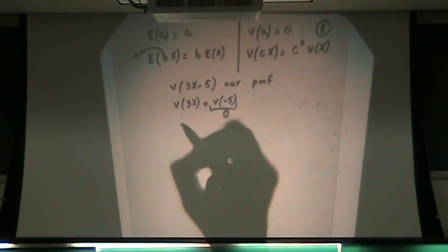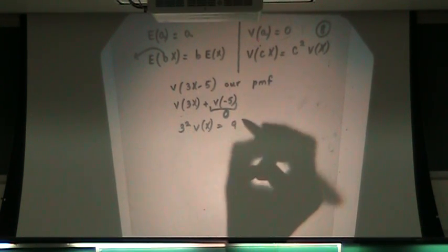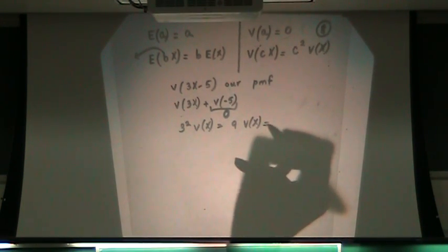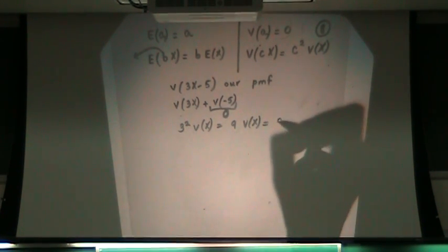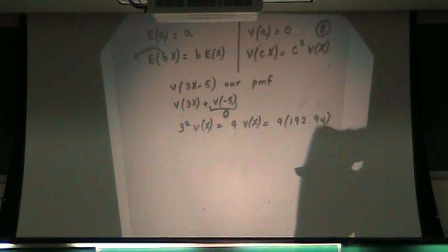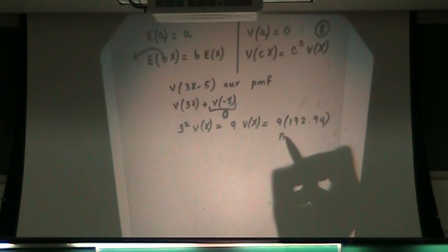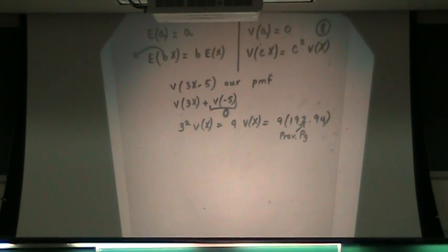So variance of 3x is 3 squared variance of x, which is 9 variance of x. And what was the variance of x that I just found? It was 192.94 from the previous page. You see how I use that?